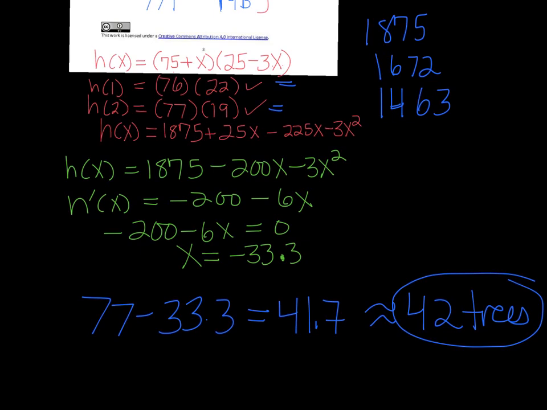However, if we only do 42 trees, then that's going to give us extra bushels. So it's going to be 25 minus 3 times 33.3, because that's what our x is, times negative 33.3.